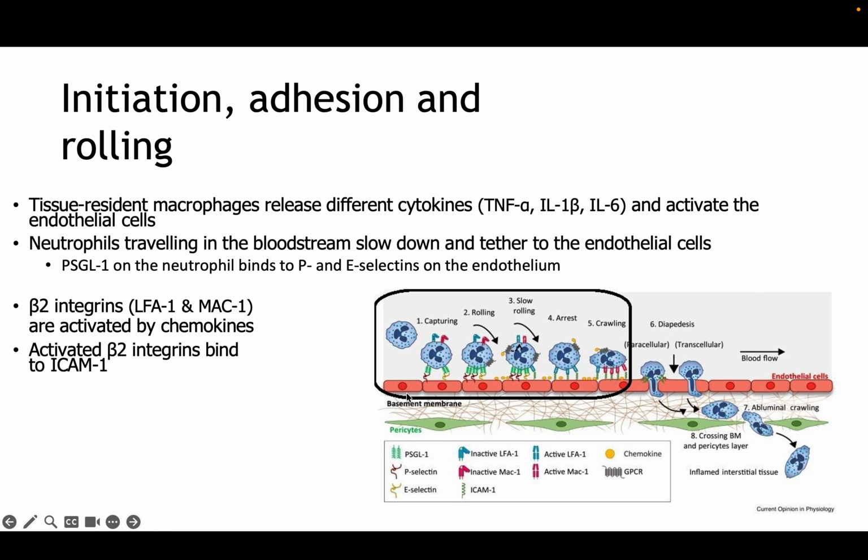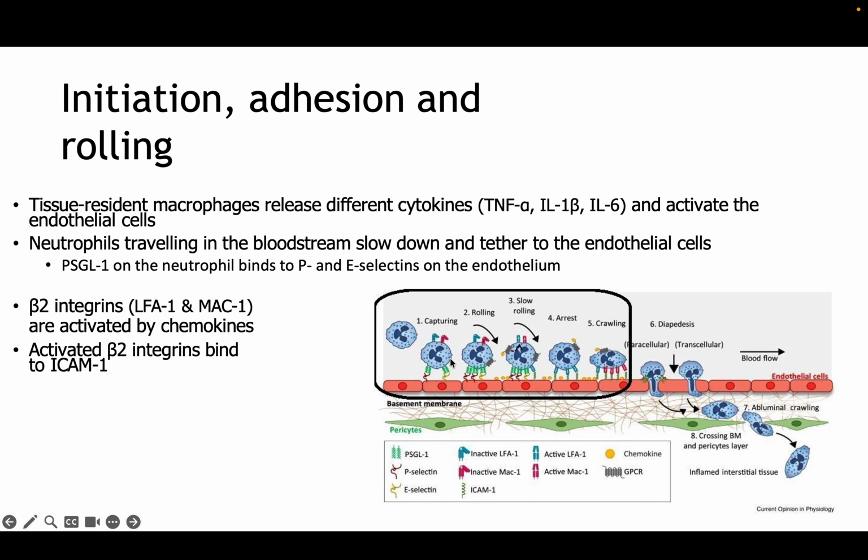They're upregulating them because of certain cytokines like TNF alpha, interleukin 1, or interleukin 6. And what happens is that they're then able to bind to the endothelial cells over here that are expressing the P or E-selectins. As I said, the P and E-selectins are weak.